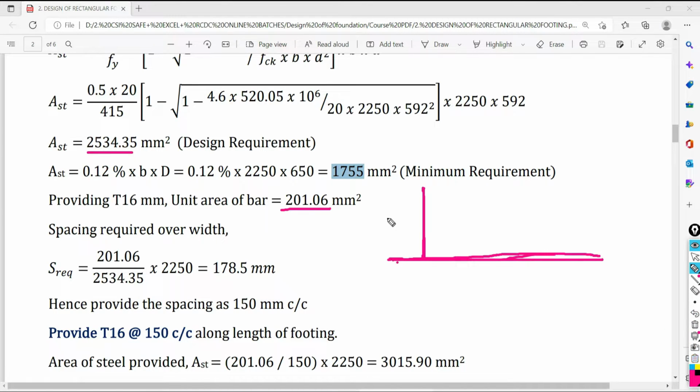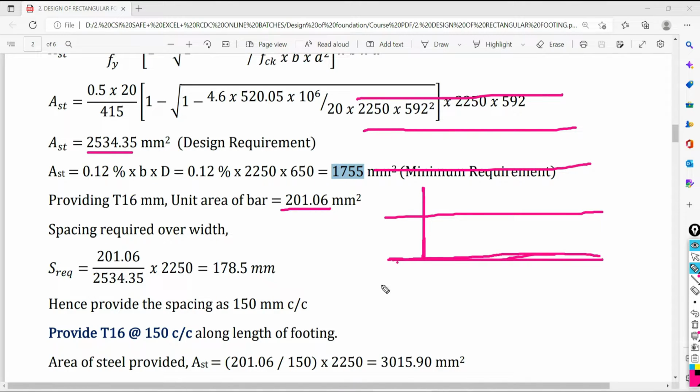Suppose this is your reinforcement which is going to be distributed over the width and it is along the length. How much spacing is required between the two bars? So how can you do that?